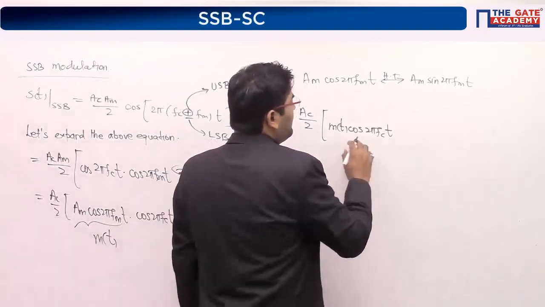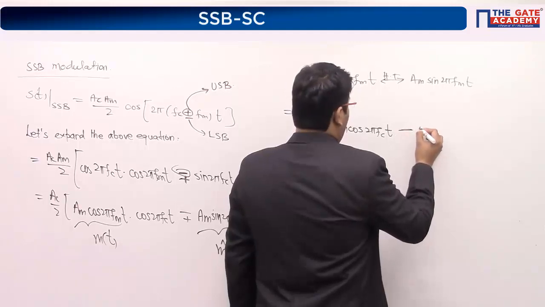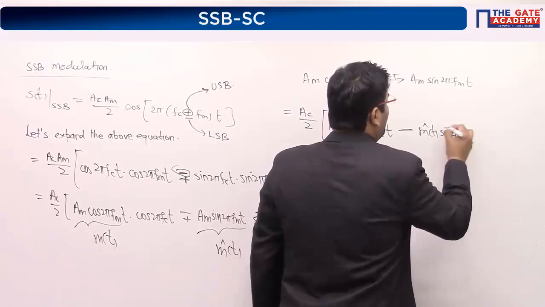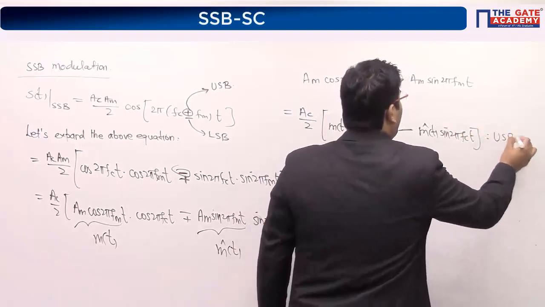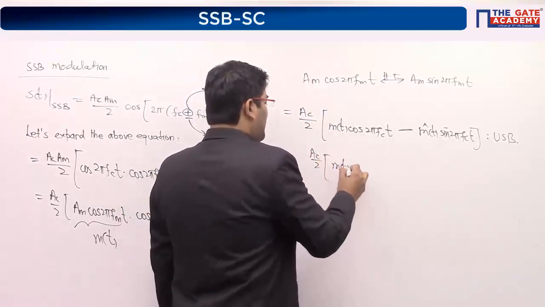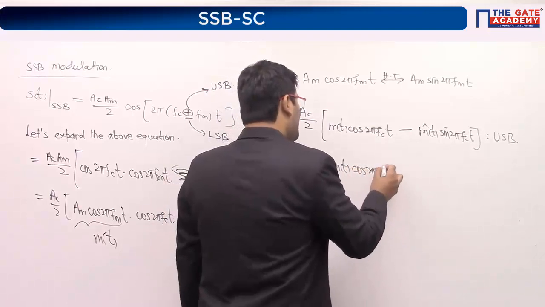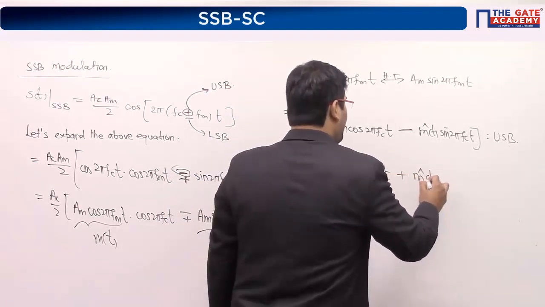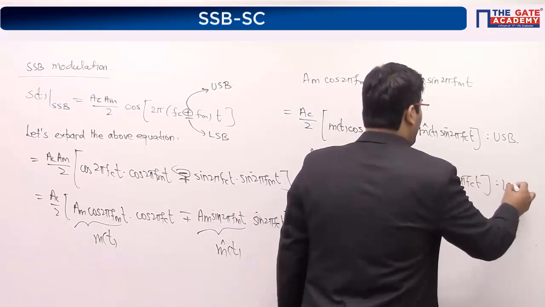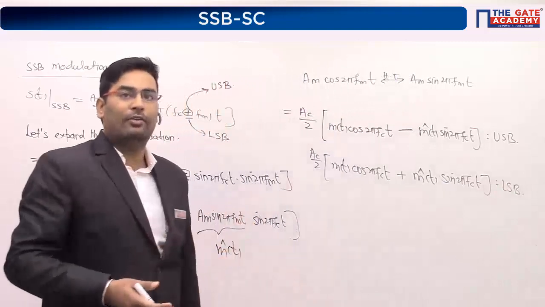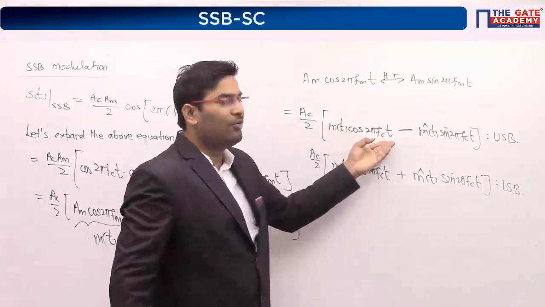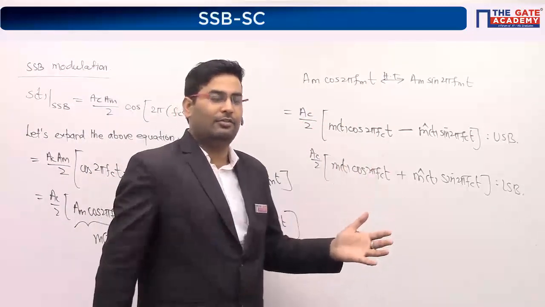So can I say that MT cos 2 pi FCT minus M hat T sin 2 pi FCT is the equation of upper side band. Similarly, I can also write, separating out, MT cos 2 pi FCT plus M hat T sin 2 pi FCT is your lower side band. And I hope this is the jugaad I wanted to talk about. Look at the beauty. If you ignore this half, it is exactly what we just derived by using a big Hilbert transform.